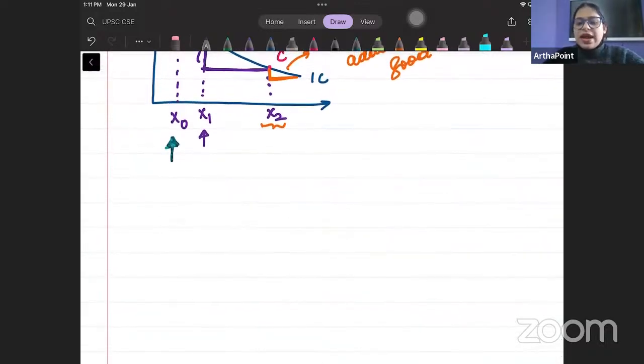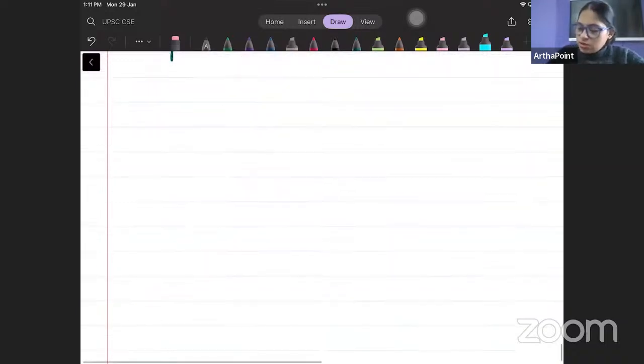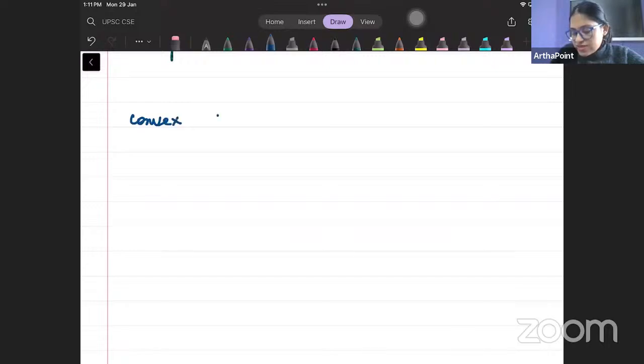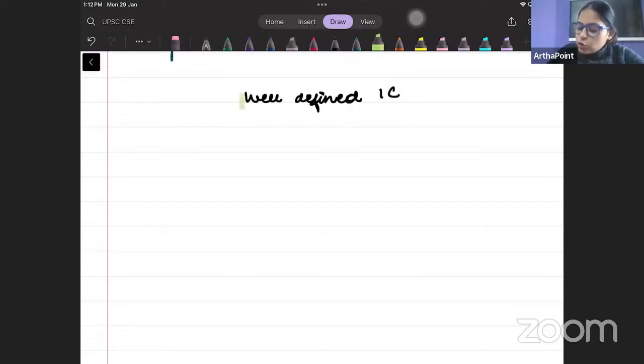Now, having spoken about this, we want to always talk about the convexity of ICs. Convex ICs. But let's do two things. Any well-defined indifference curve will have two properties.